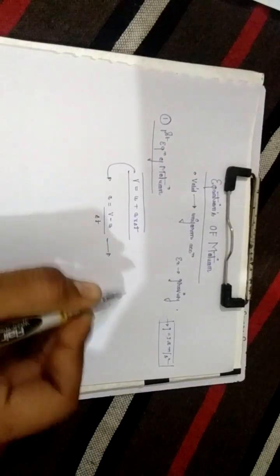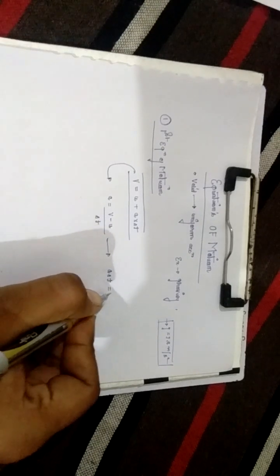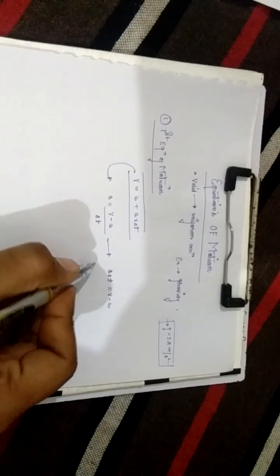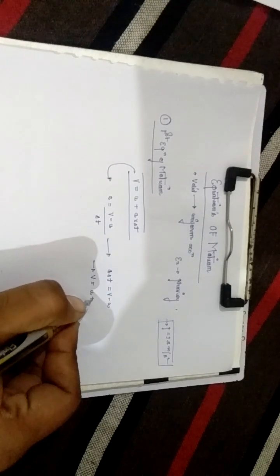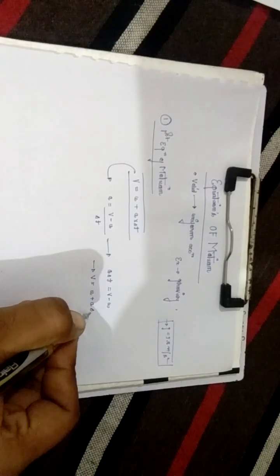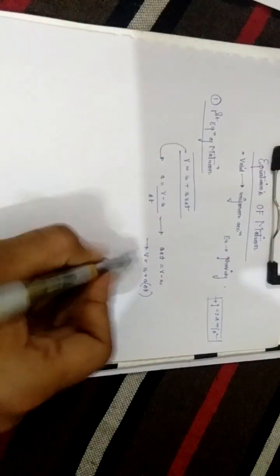From here we can easily simplify: a delta t is equal to v minus u, and we get v is equal to u plus a delta t. Let me put it in a bracket, otherwise you will get confused. That's all about the first equation.